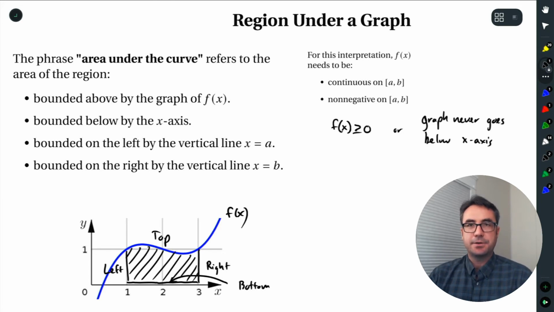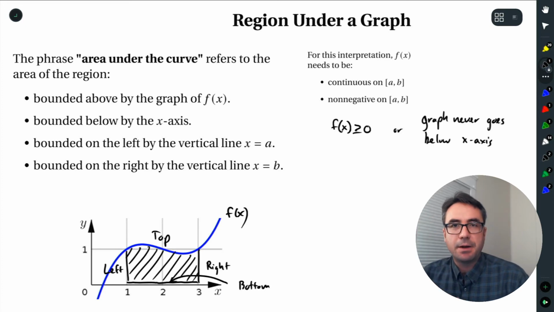We will see how to handle area calculations if the graph does go below. But for right now, we're just assuming that our function is nice and above the x-axis. Or maybe it touches it, but for the most part, it's above the x-axis.